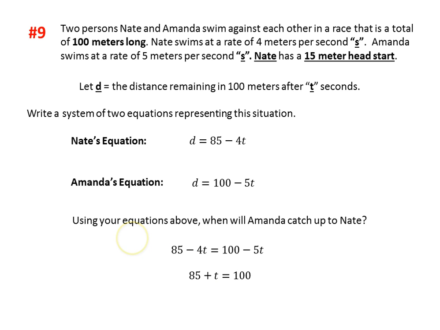Then we'll subtract 85 on both sides, and t is 15. So what does this mean? This means that after 15 seconds of swimming, Amanda will have caught up to Nate.